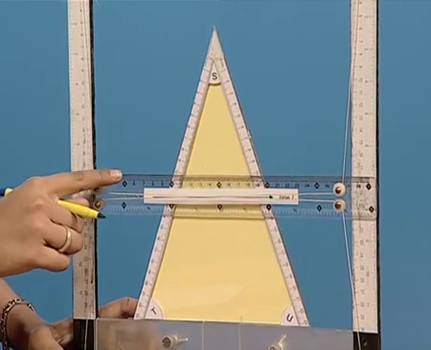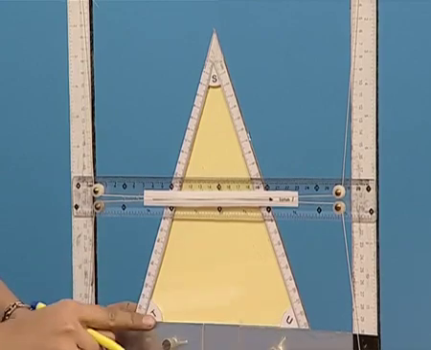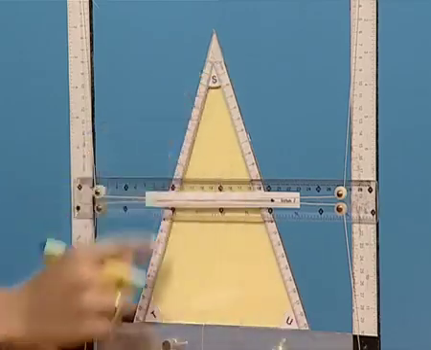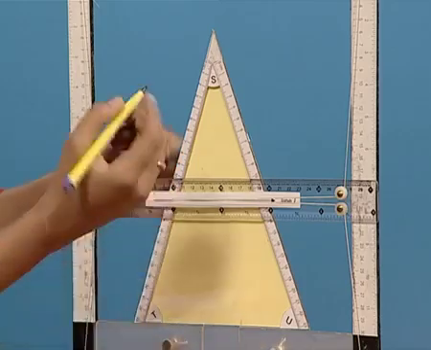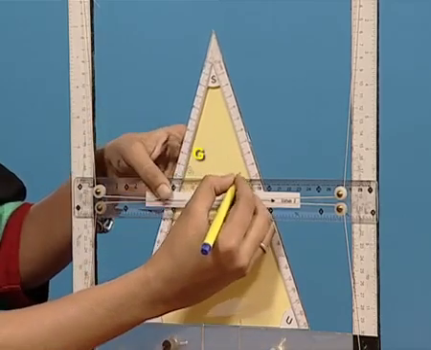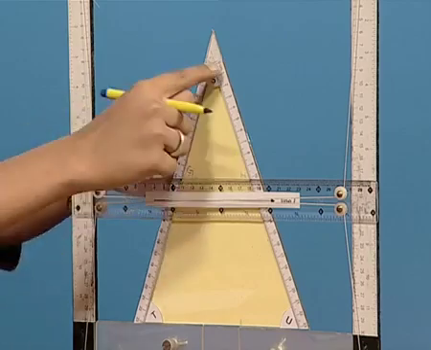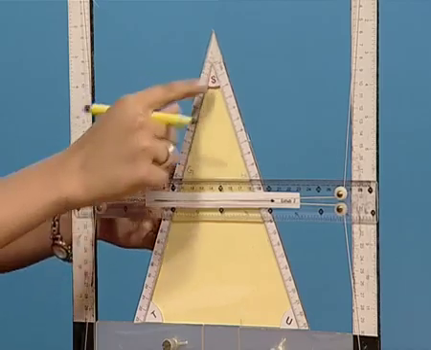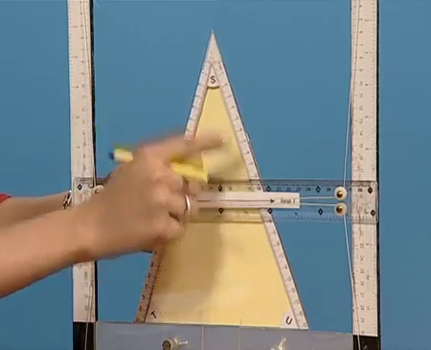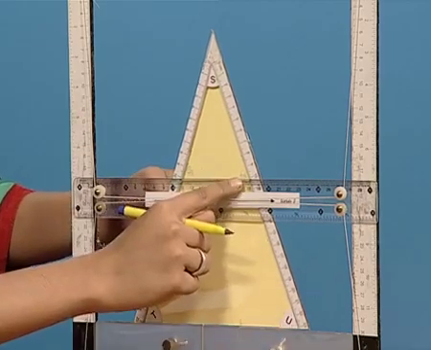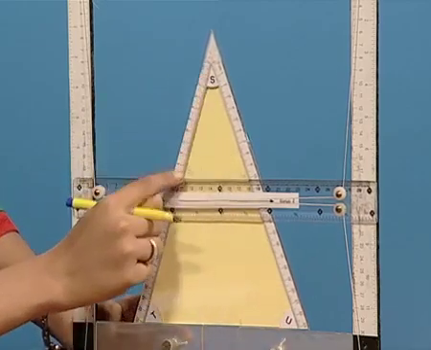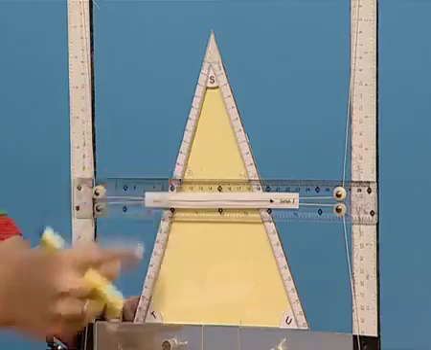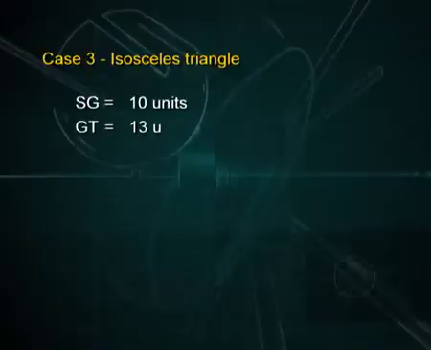This line L is again parallel to TU and intersecting the other two sides of triangle STU, say again at G and H, where the line is intersecting ST at G and SU at H. Again, on measuring, SG is 10 units and GT is 13 units.